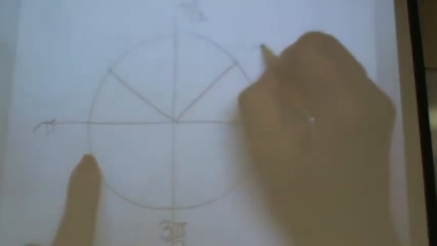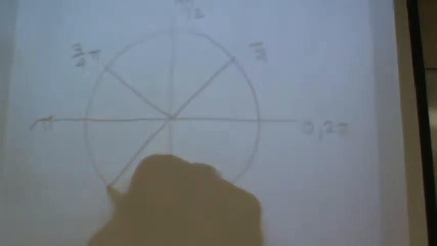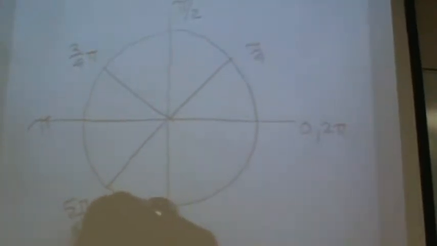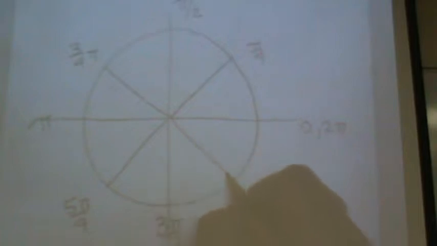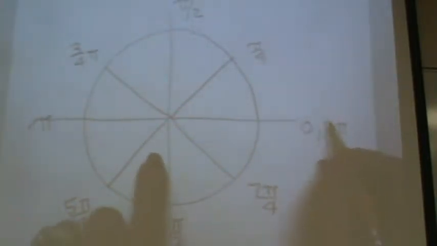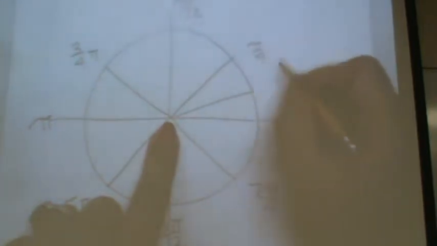Now, let's cut this into 4 parts. So this is 1/4, 2/4, 3/4, 4/4, 5/4, 6/4, which reduces to 3/2, 7/4, and that's 8/4.